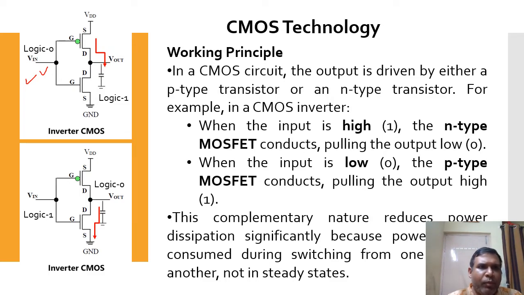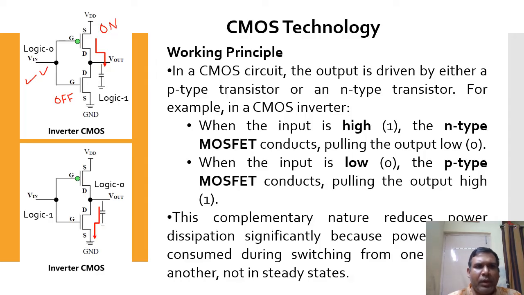Then the P-type MOSFET acts as an on-state device, and the N-type MOSFET acts as an off-state device. You may ask a question: sir, why, when the input voltage is 0, is the P-type MOSFET on and the N-type MOSFET off? The concept is very simple.